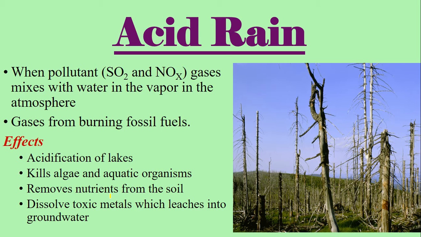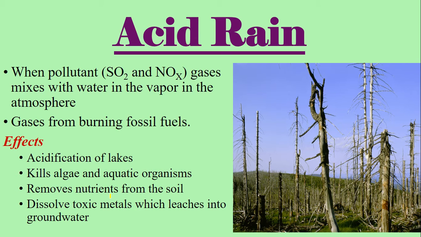They're gases that mix with water vapor in the atmosphere and form rain, and then that rain falls down and is very acidic. The pollutants come from burning fossil fuels in factories and our cars. All of that goes into the atmosphere, mixes with the water, and produces acid rain.